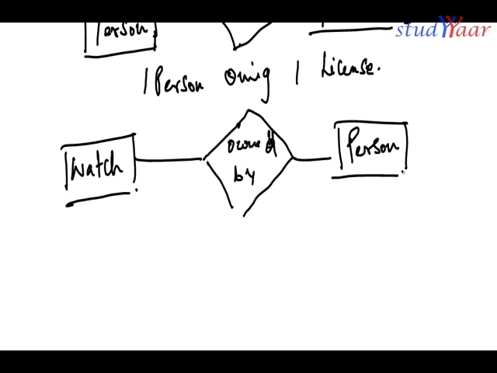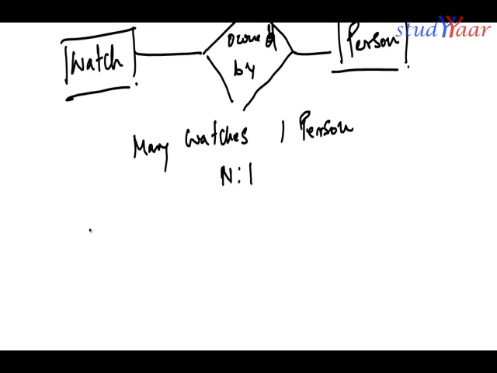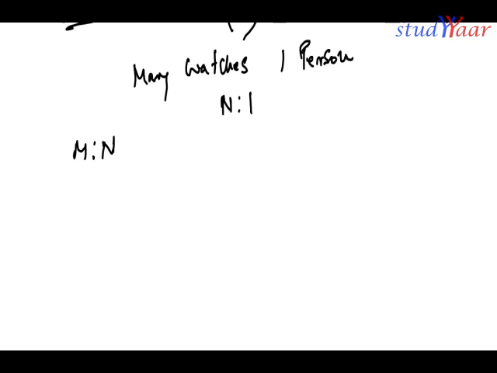Okay, so obviously many watches can be owned by one person. So this is an n:1 or many:1 kind of relationship. And finally we'll take a look at m:n or many-to-many relationship.